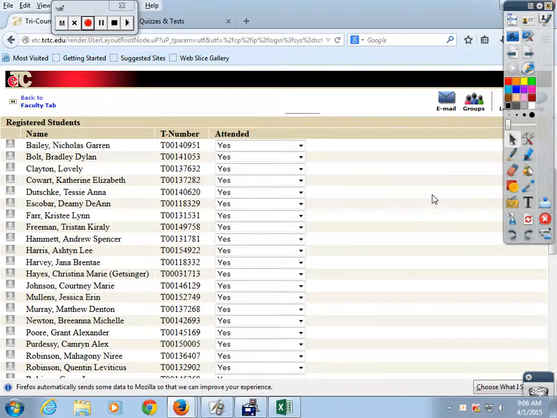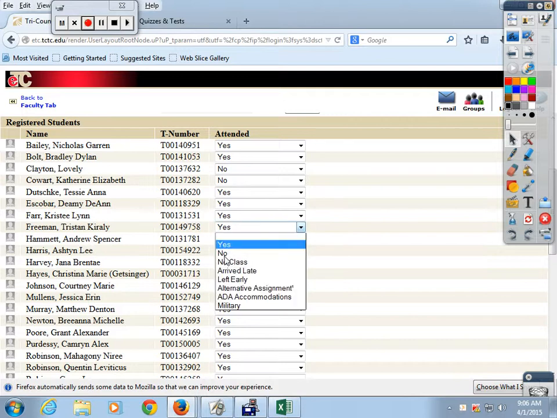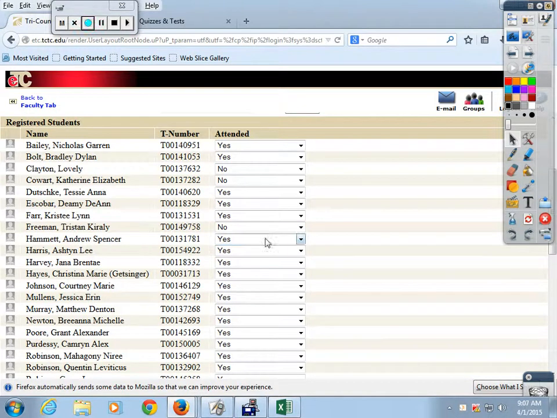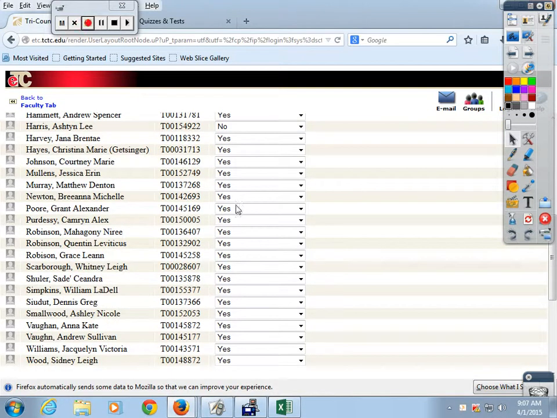Bailey, Bolt, Clayton, Cowart, Dutchke's here, Escobar, Farr, Freeman, Hammett, Harris, Harvey, Hayes, Johnson, Mullins, Murray's here, Newton, Poor, Perdesi.